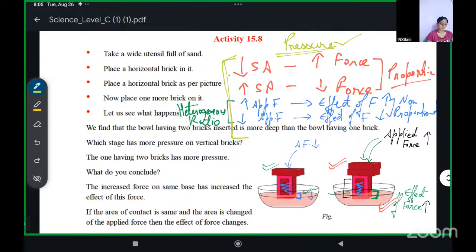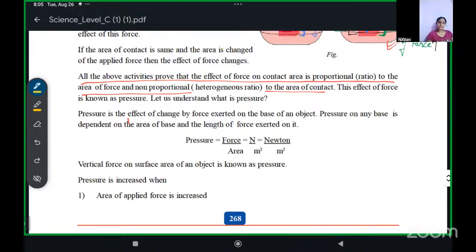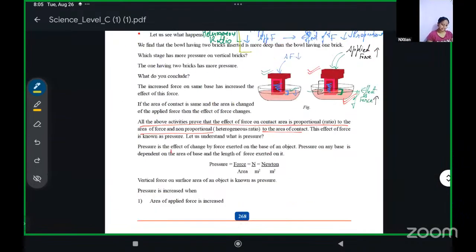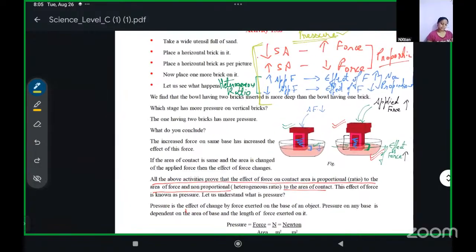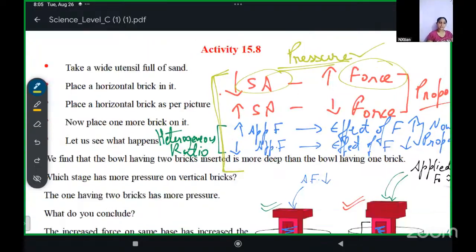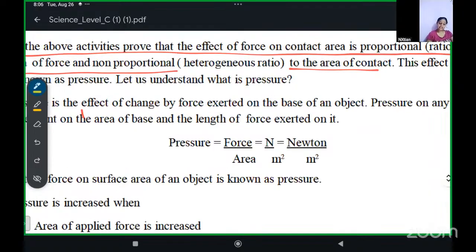Now, because we considered two things in pressure, that is force and surface area, or you can say area, the formula for pressure becomes force divided by area.